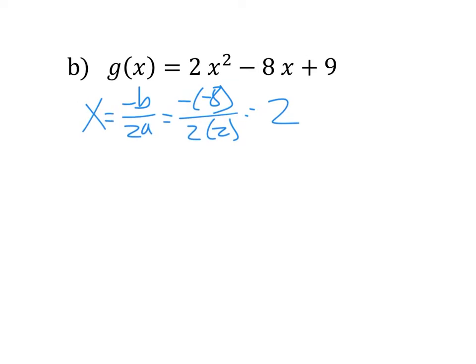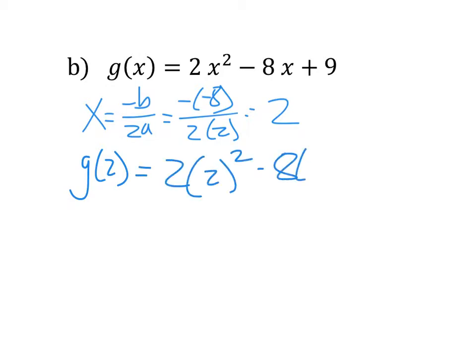Now we want to find g of 2, because that's our y-coordinate. So we plug in 2 for all the x's. This is 2 times 4, which is 8, minus 16, plus 9.